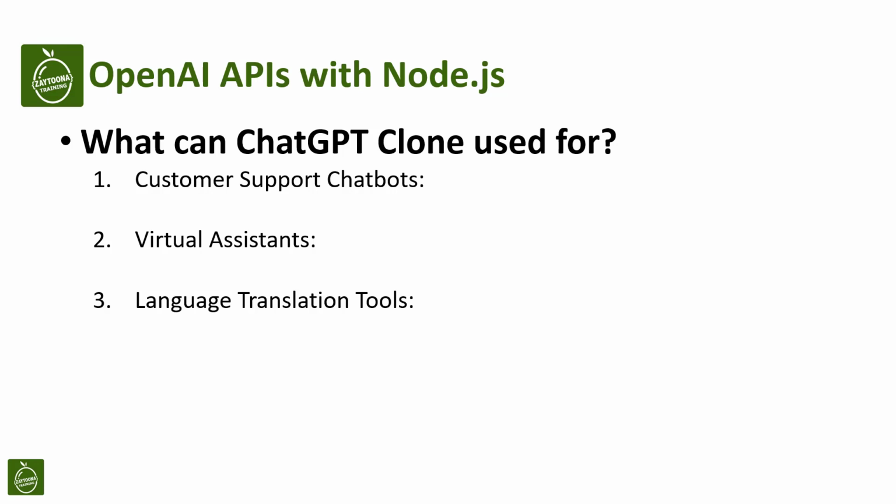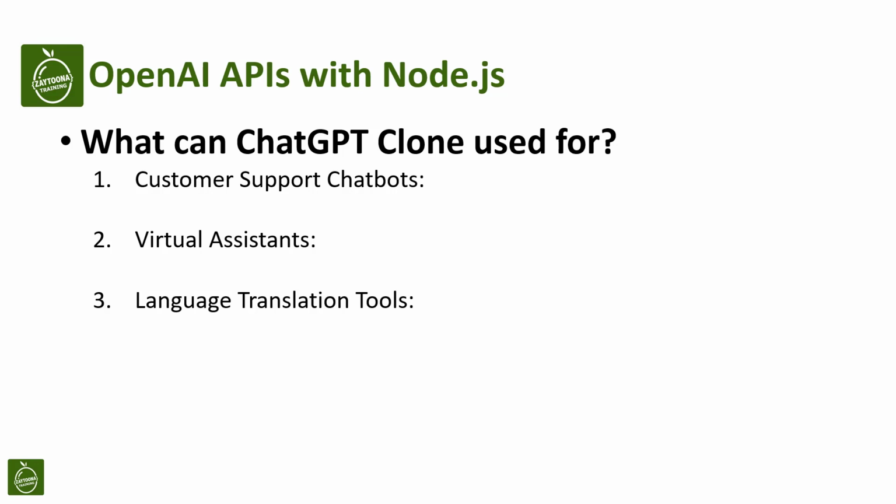Virtual assistants: ChatGPT Clone transforms virtual assistants into highly capable and reliable aids. With its advanced dialogue capabilities, the application can handle complex tasks, answer questions, and offer tailored recommendations, providing users with an intuitive and interactive virtual assistant experience.